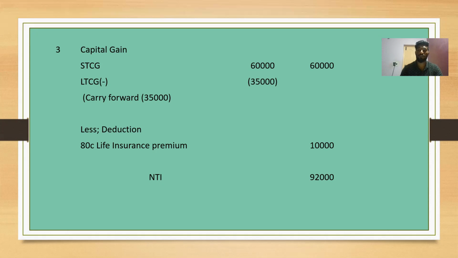You can set off short-term capital losses against long-term capital gain. So here in the outer column we are writing the short-term capital gain amount of rupees 60,000, and we are carrying forward the long-term capital loss of rupees 35,000 to the next assessment year.